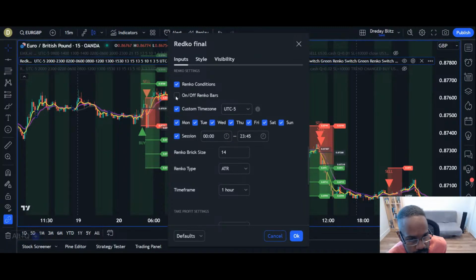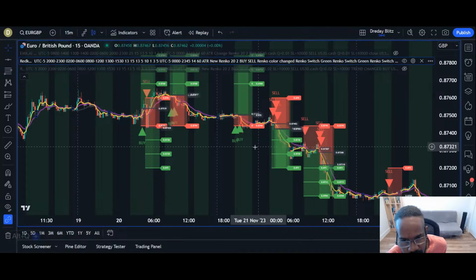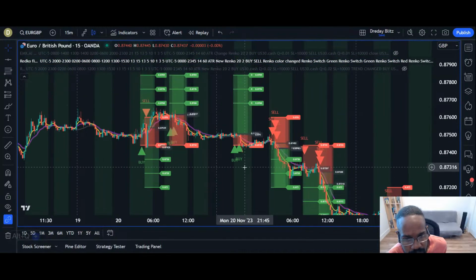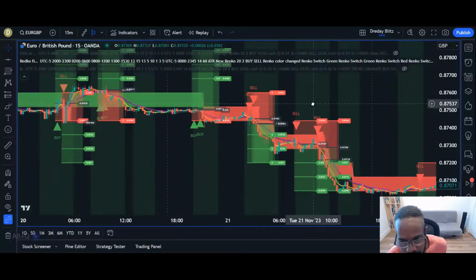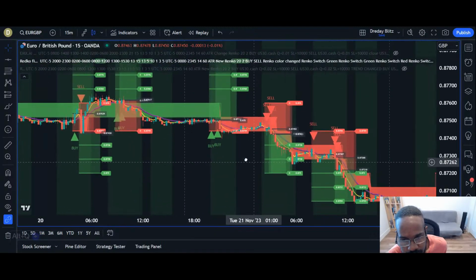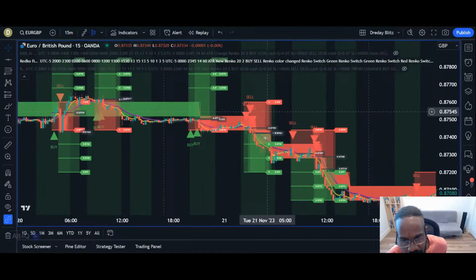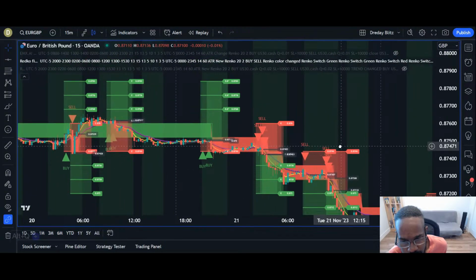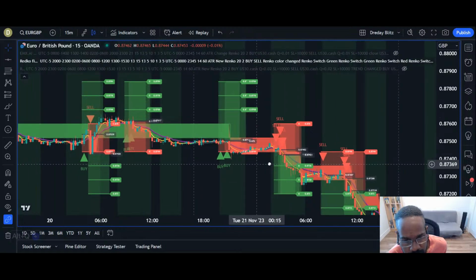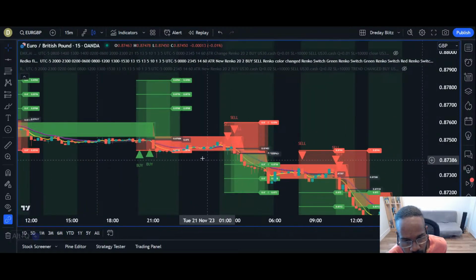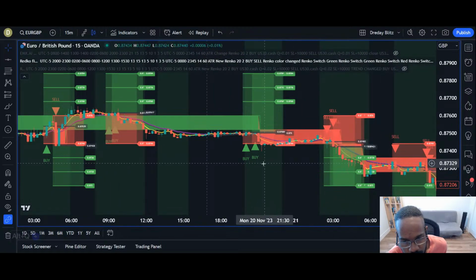That way you're going to see the actual Renko bars on the screen. There you go. But since it's already calculated in the TP zones, you don't need to have the Renko bars. I'm just showing you the Renko bars so you know exactly where it's switching from green to red.